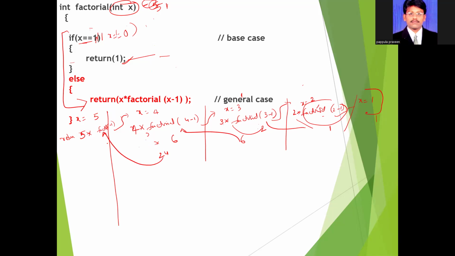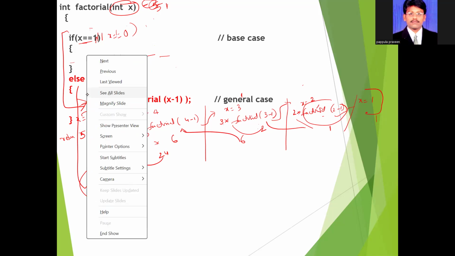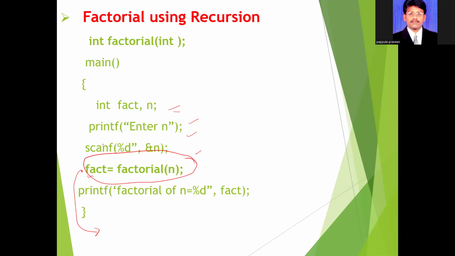Now this will return 24. 24 into 5 is 120. Now 120 is returned. You observe, 120 is returned from the called function to the calling function. Now the value is 120, which is the factorial of 5.